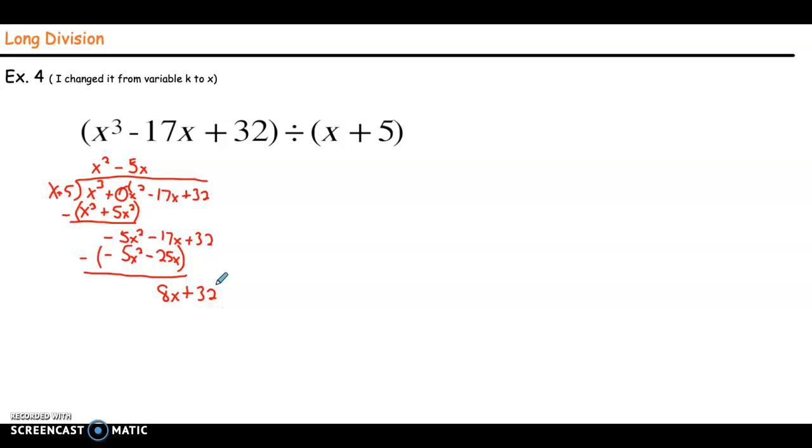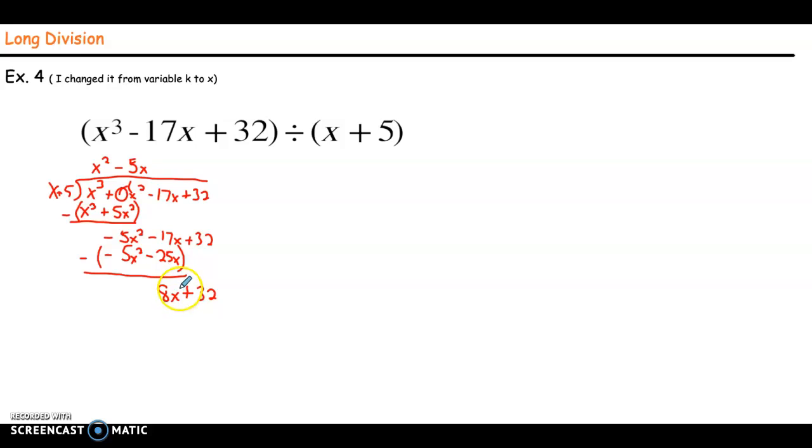Now, you keep on repeating this process until this right here, after you do the subtraction, whatever you get, we consider that our remainder. The rules of dividing by polynomials say that you keep doing this process until the degree of the remainder is less than the degree of what you're dividing by.